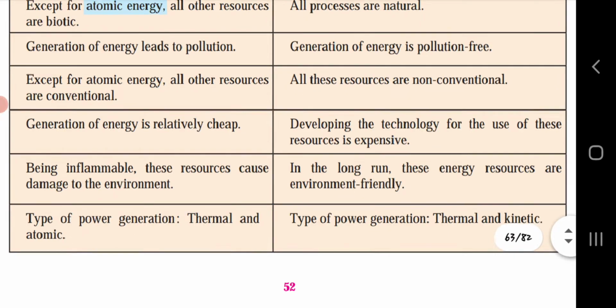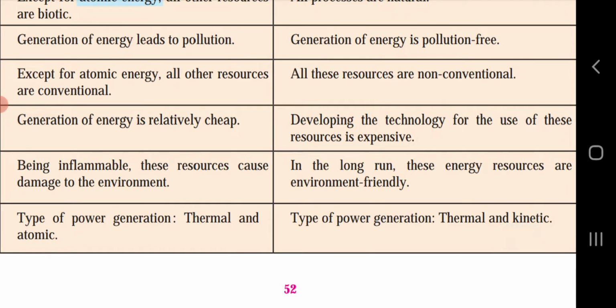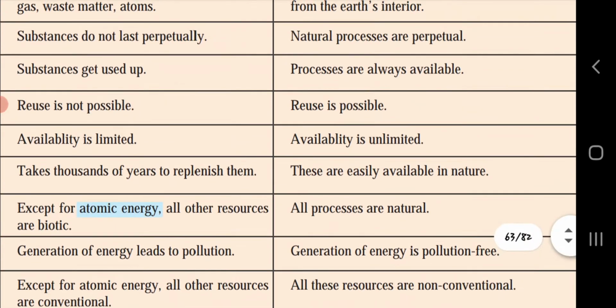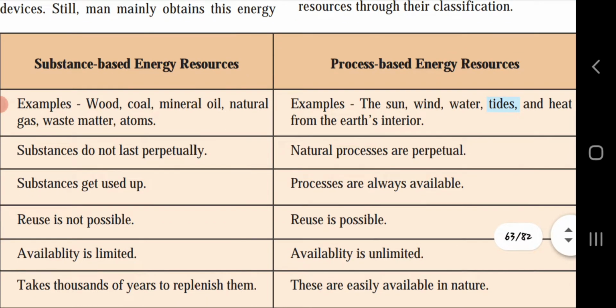Being inflammable, these resources cause damage to the environment. In the long run, these energy resources are environment friendly. Type of power generation: thermal and atomic. Here the type of power generation is thermal and kinetic. So this is the difference between the process based energy resources and substance based energy resources.